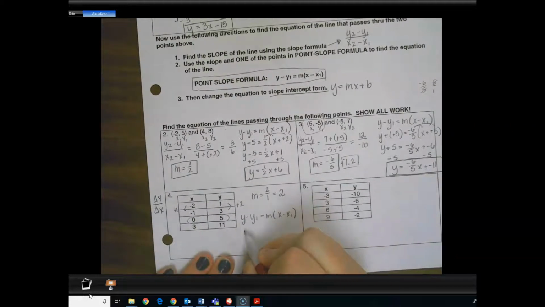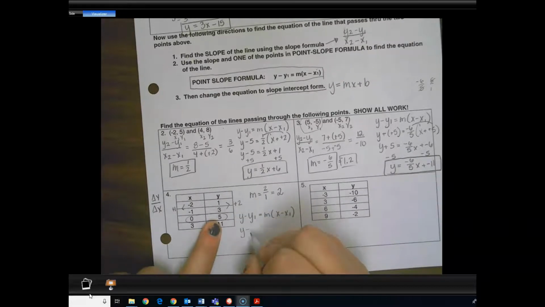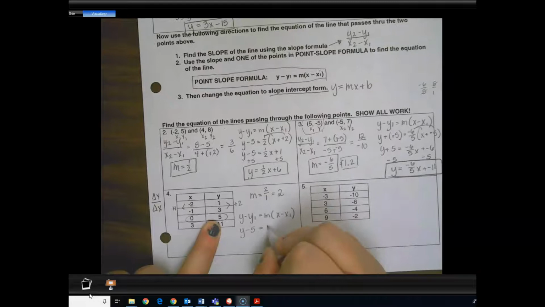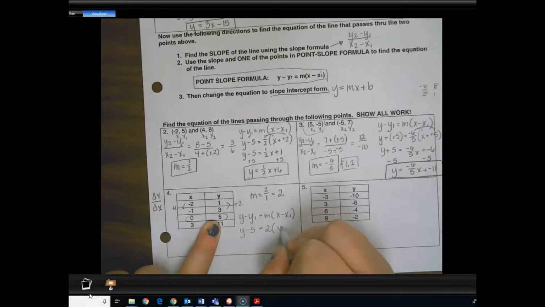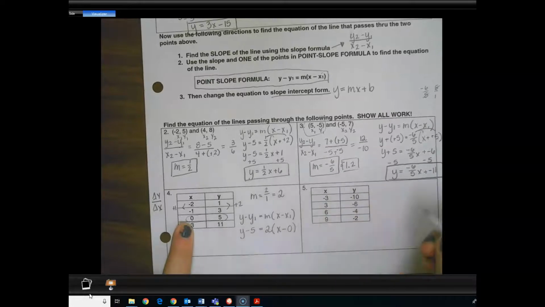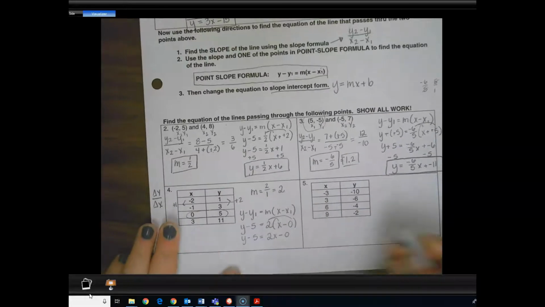So my y I'm going to keep the same. My y1 I chose to be 5. You could have chosen something else, and that is okay. My slope is 2. x minus my x, which I chose to be 0. So we have y minus 5 equals 2x by distributing, minus 2 times 0, which is 0.